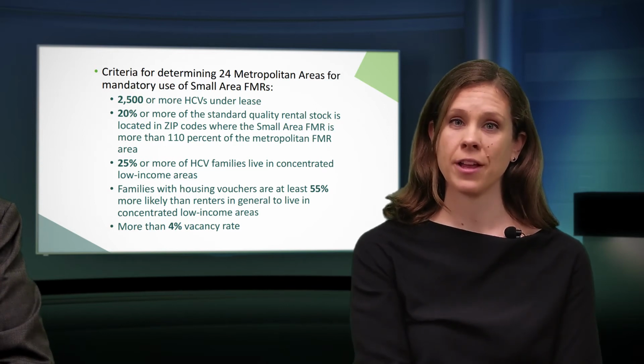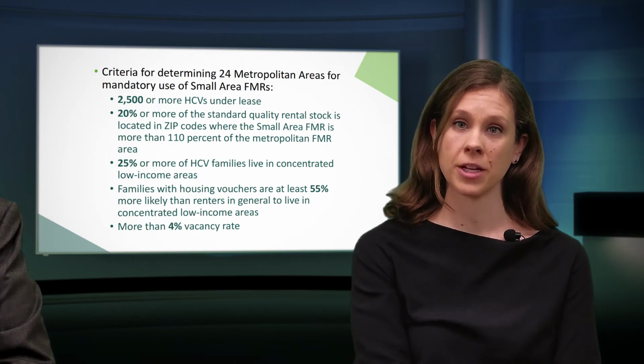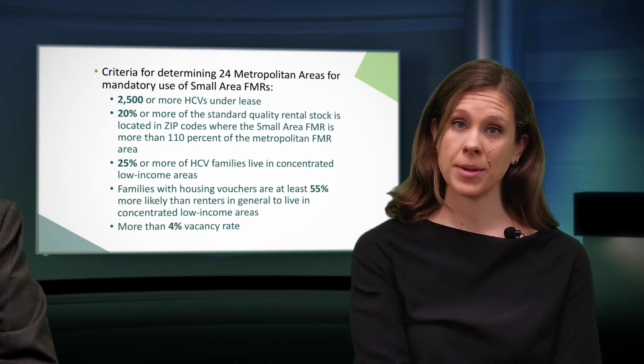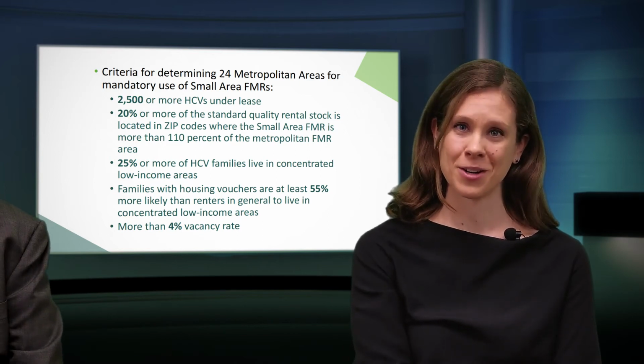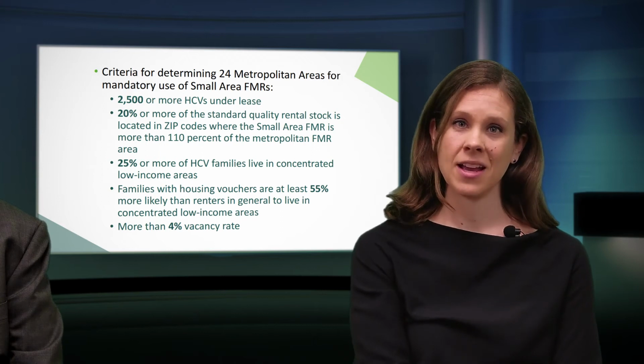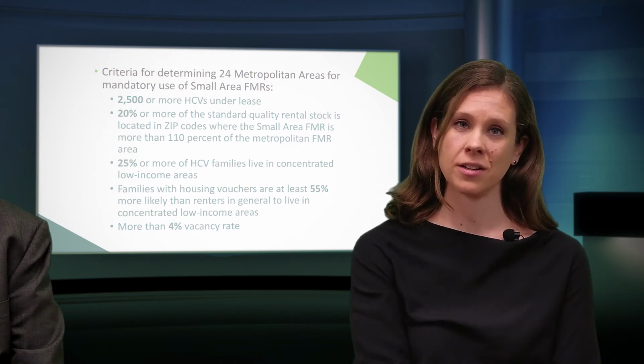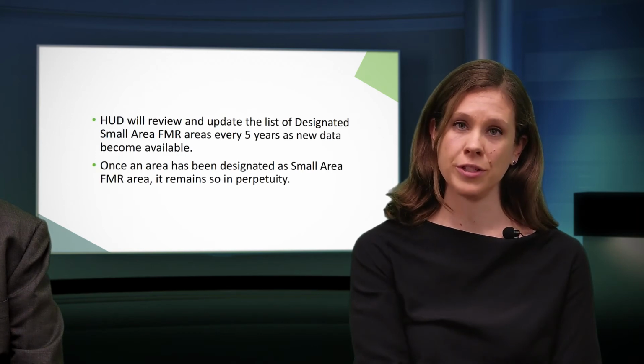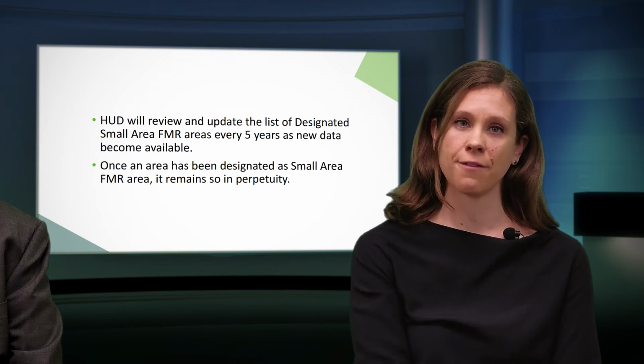HUD has not reevaluated the selection criteria that were applied at the time the final rule was published. This is because HUD's designation of metro areas where implementation of small area FMRs is mandated is permanent, as stated in both the regulatory text and the preamble to the regulation. HUD plans to review new data and update the list of areas where implementation of small area FMRs is required every 5 years.